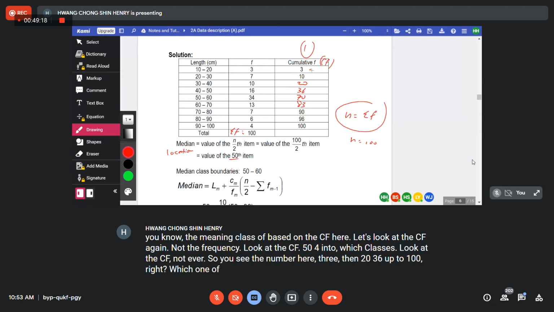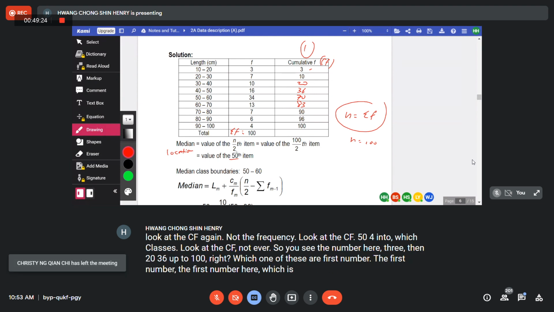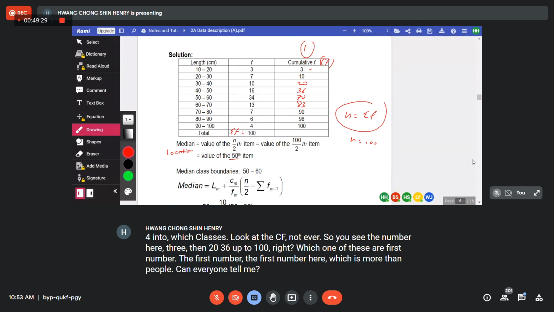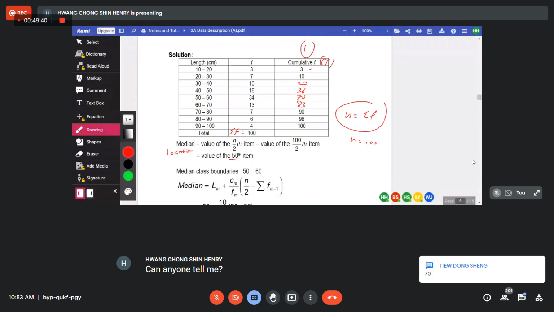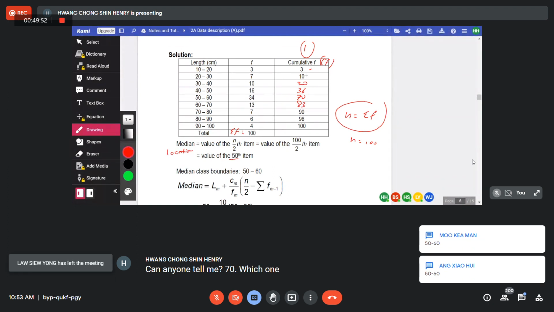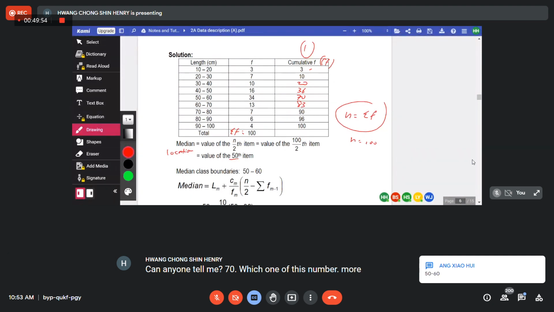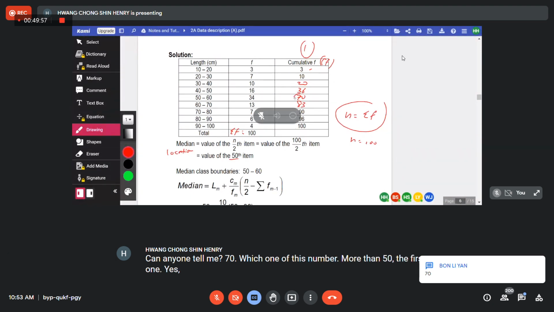Which one of these is the first number more than 50? Can anyone tell me? 70? Which one of these numbers is more than 50? The first one. Yes, 70.